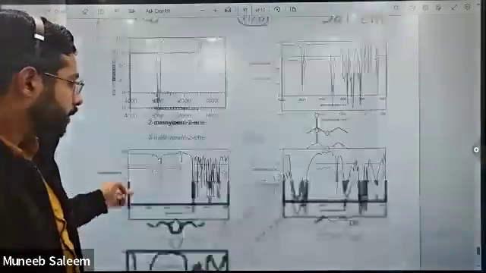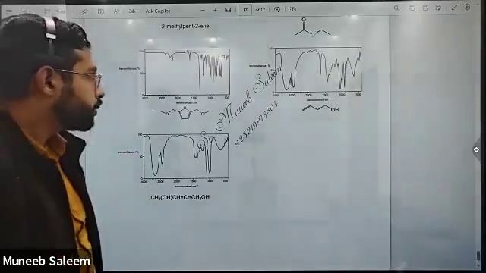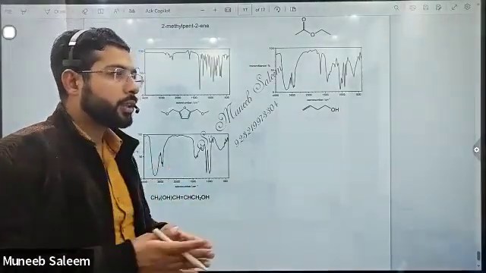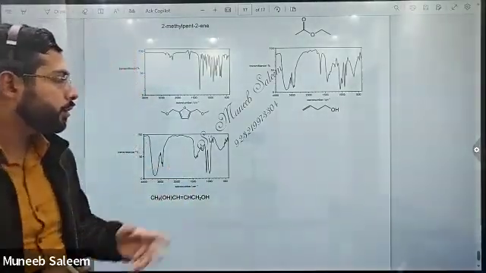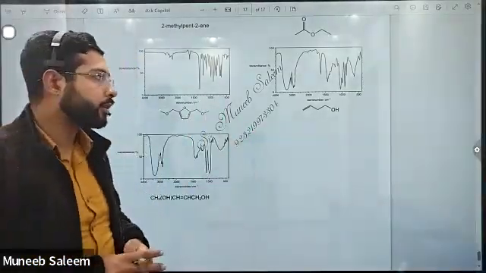So you can basically go through different IR spectra to check your values from the table and to learn how the functional group is basically indicated in terms of its peaks in the IR spectra.